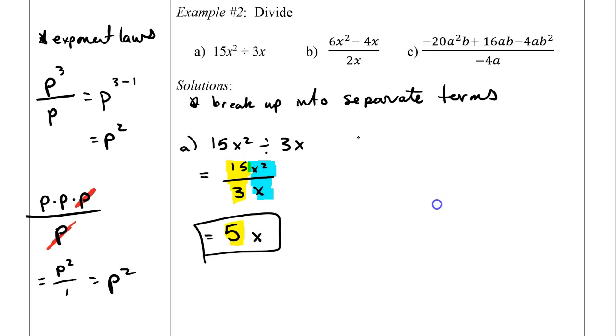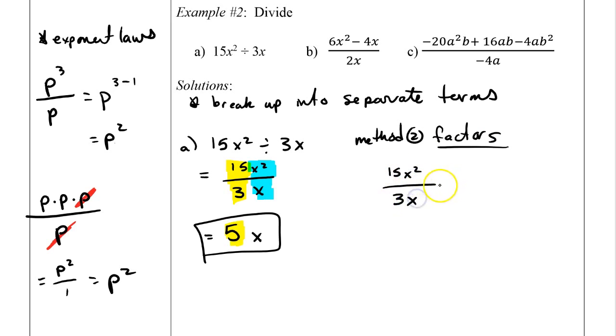I just want to show you a method too. So breaking up into factors. Because then we can just cancel. So if I would have 15x squared over 3x, that's the same thing as saying 5 times 3 times x all over 3x.